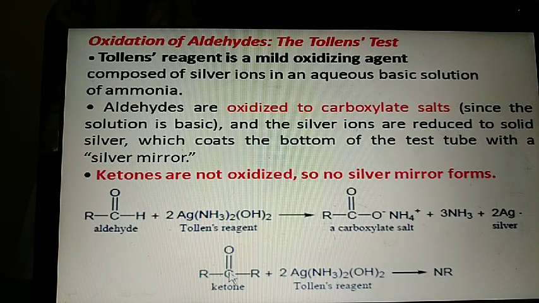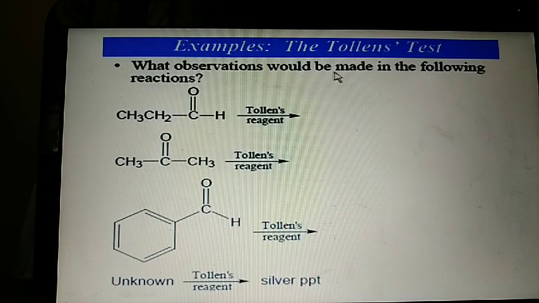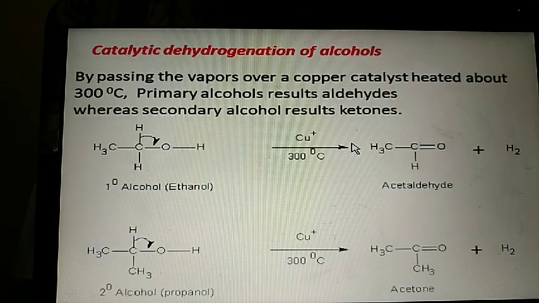This means ketone will not give any result in the presence of Tollens reagent. Only aldehyde gives a precipitate, indicating any compound having an aldehyde CHO functional group, and we can easily identify it by the silver mirror test. These are different examples for you people. Go ahead with this reaction and find the solution.